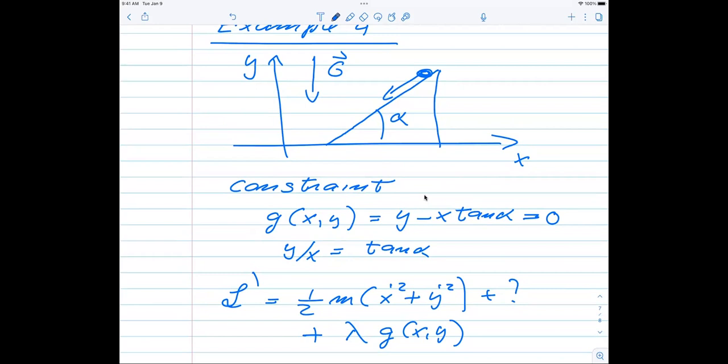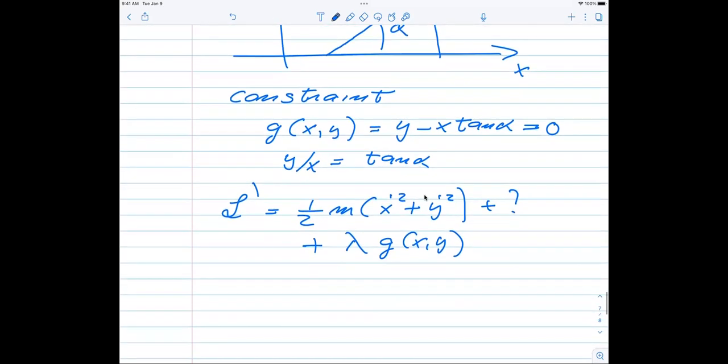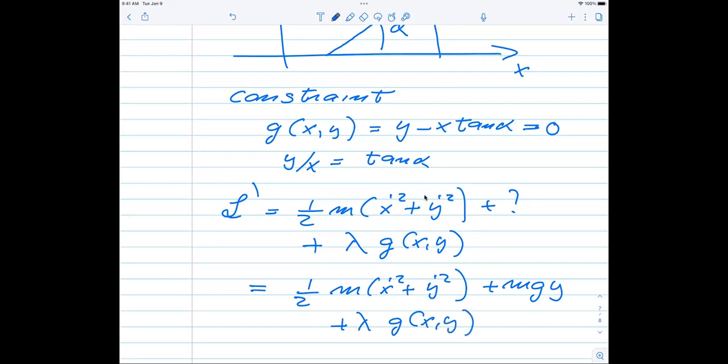And since this points downward, we get a minus. So we have minus m times g. So that means that what we get is actually 1/2 m times x derivative plus y derivative, plus m times g times y, plus lambda times g as a function of x and y.